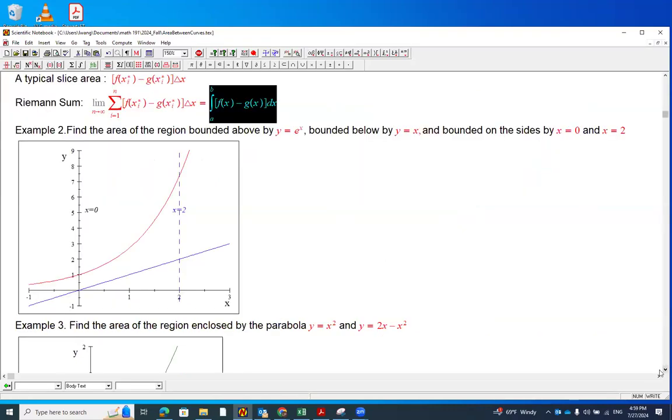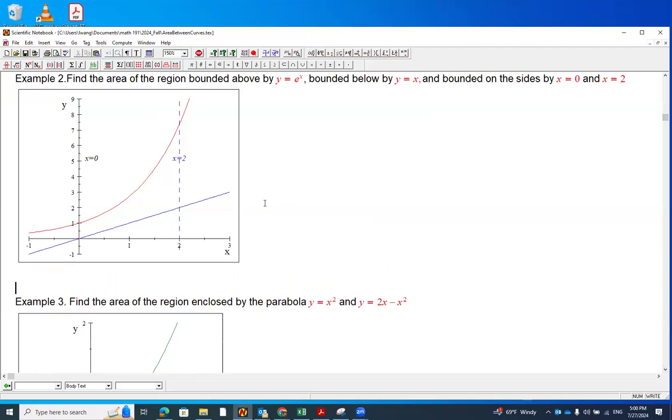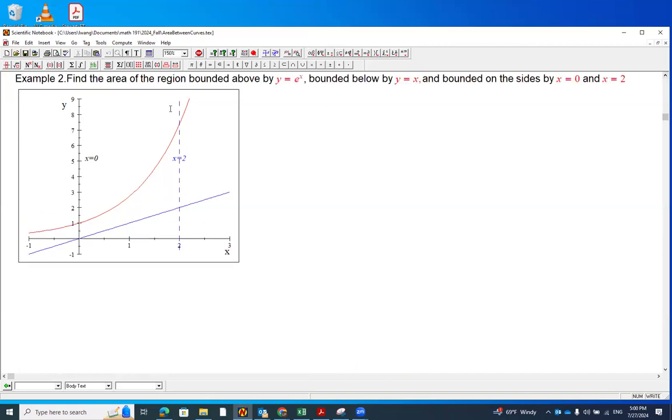So now, let's look at the first example. The red curve is e to the power x, and the blue is y equals x. The area we're interested in is between these two curves.